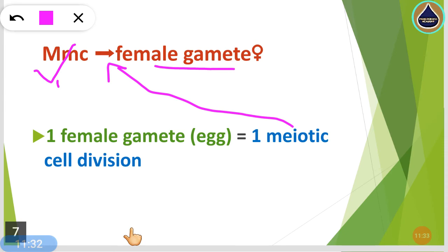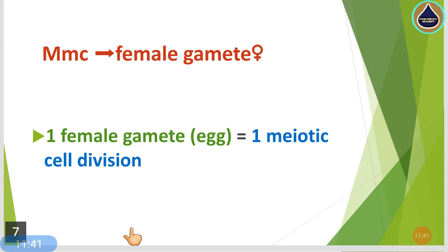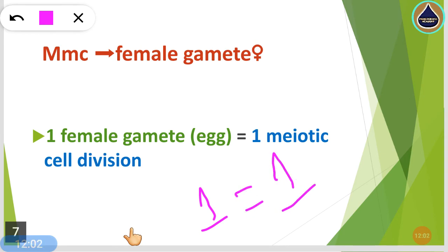So simply, whatever the number of female gametes is, it is the number of cell divisions. So in the female gamete formation process, the formula is number of female gametes is equal to the same number of meiosis cell divisions. It means if one female gamete is needed, one meiotic cell division.